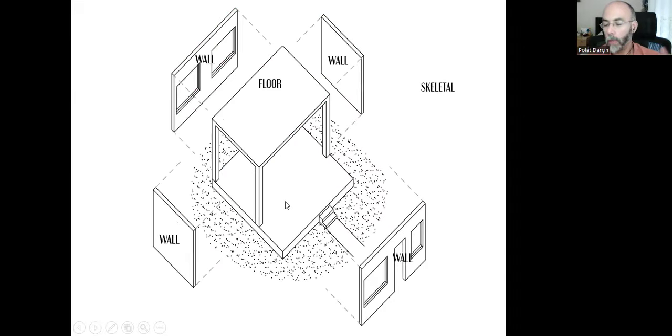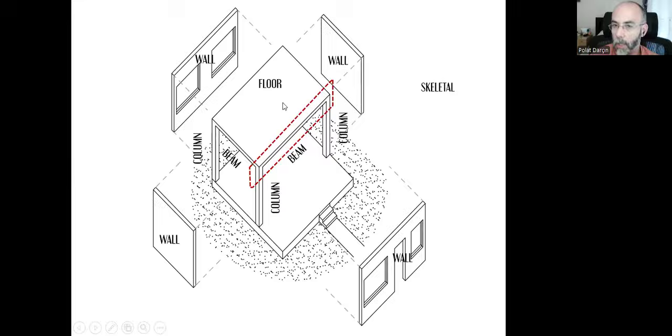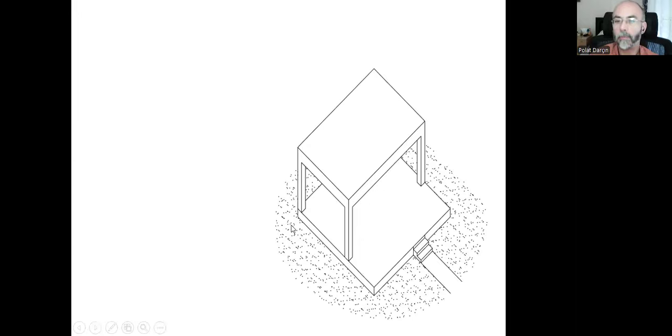And these walls can work only for the separation of the indoor spaces from the outdoor spaces, and we can just think about them later and concentrate on the skeletal system. These will be columns, connected to each other with beams, and there will be a floor slab. And we can do all of these out of reinforced concrete.